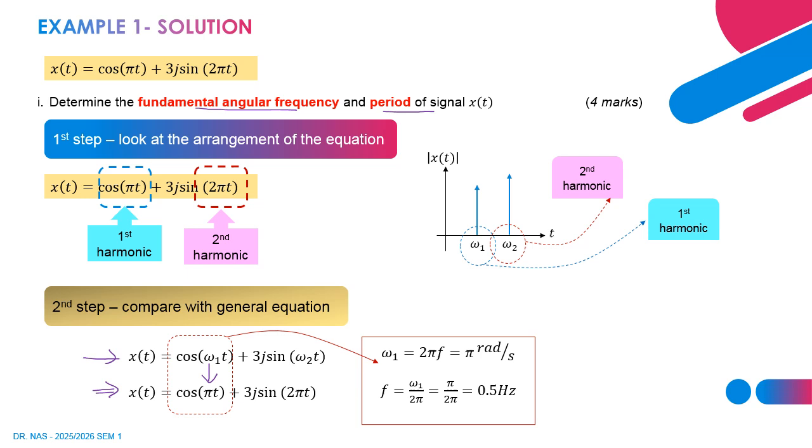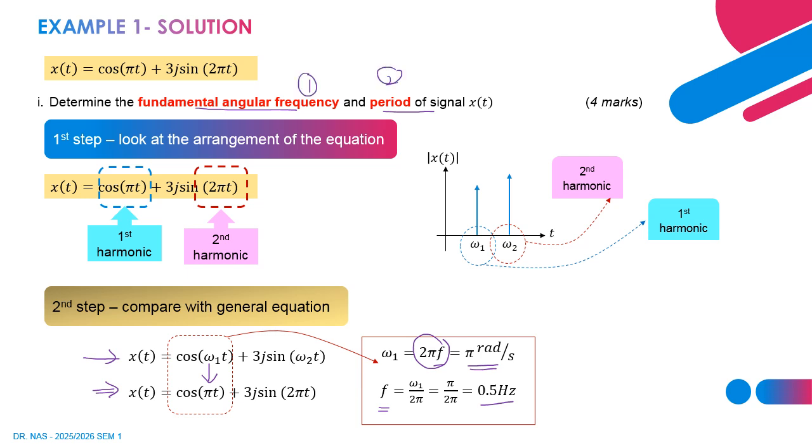Omega 1 equals 2 pi f, so in hertz it equals pi radian per second. If the question asks you for f, the frequency in hertz, you can calculate f by dividing omega by 2 pi. Because omega equals 2 pi f, in this case f equals 0.5 hertz. Don't forget you have two components to be solved: the omega, and the second one is the period.